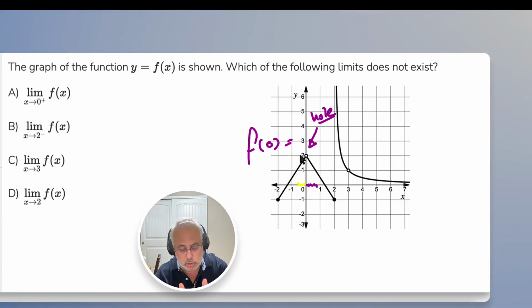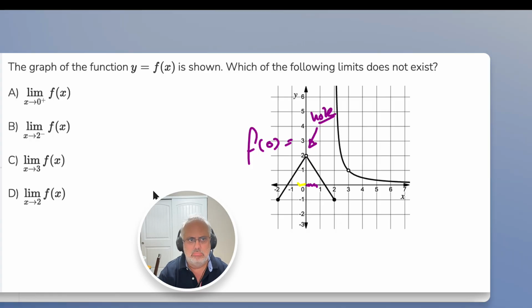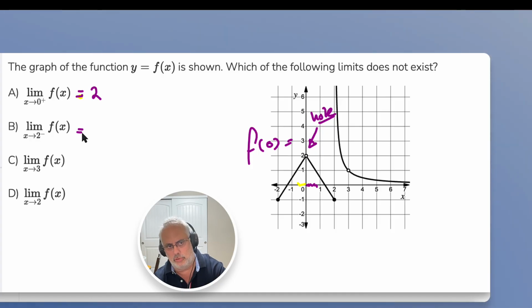Because the two sided limits are the same and they approach 2, we can say that the limit exists from the right and also exists from the left. But choice A only asks for the right side. So from the right side, yes, the limit is equal to 2. No problem here. From the left, yes, it exists from the left. But they only talk about when x approaches 0 from the right.